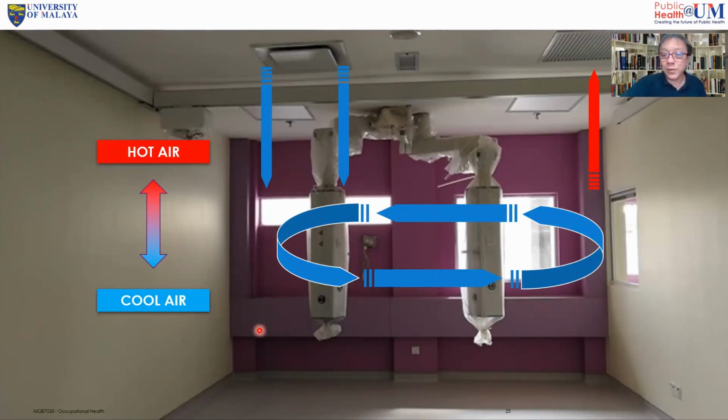There's no poor ventilation system. What's the problem with this ventilation? This is what you get in a normal air conditioning area. In your office, that's how the aircon actually works. You have an inlet where cold air comes out, and you have a return grill where the hot air returns back into the circulation. So what is happening here?